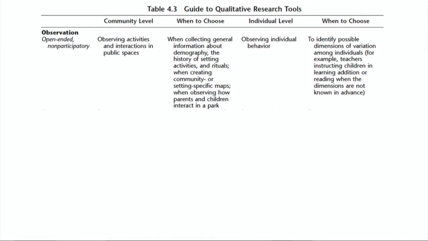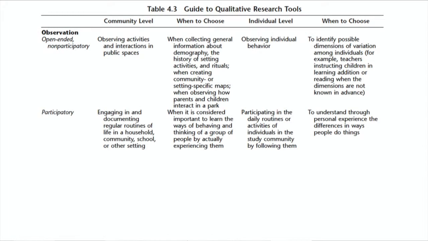At a community level, we do observation when we want to collect general information about the community, the demography, the history, the context in which rituals are happening in this community.